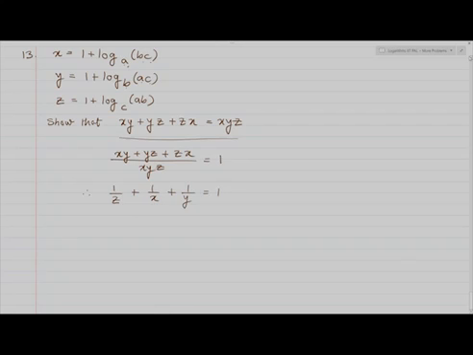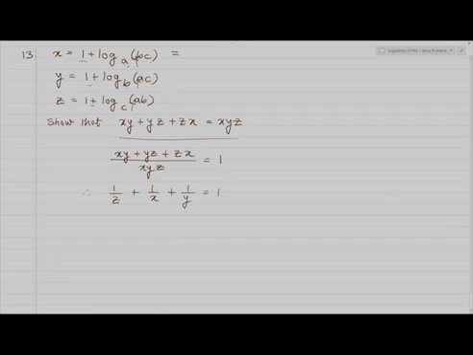How will I simplify them? I can simplify them by again using the power of 1. Now I need to choose appropriate bases, right? What is missing here is A, what is missing here is B, and what is missing here is C. So I can put them in this place by using the power of 1.